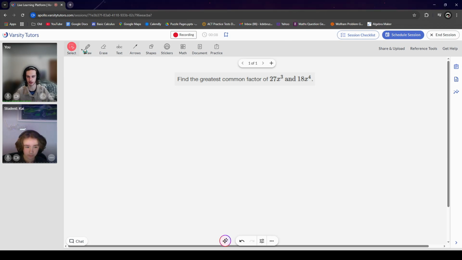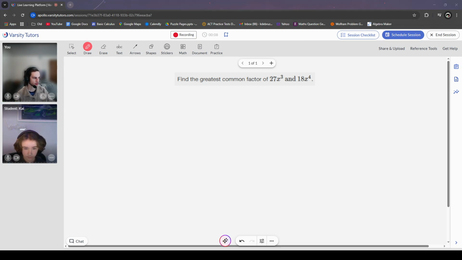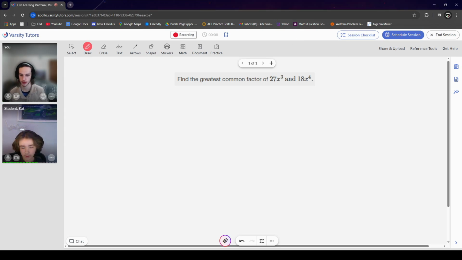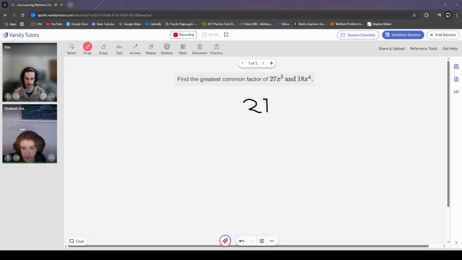So go ahead and factor these two numbers: 27 times x to the 3 and 18x to the 4. So the x's are common here. Is there anything more that's common? Not that I see.